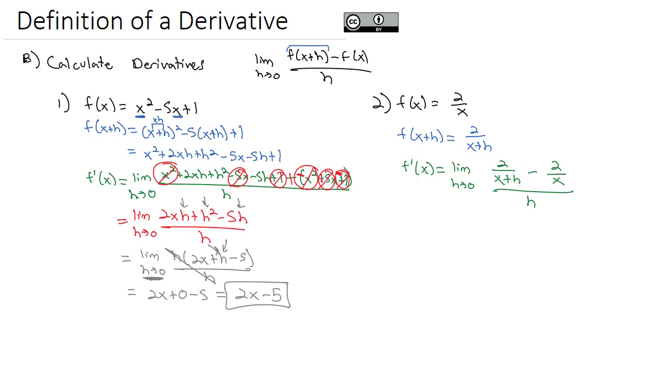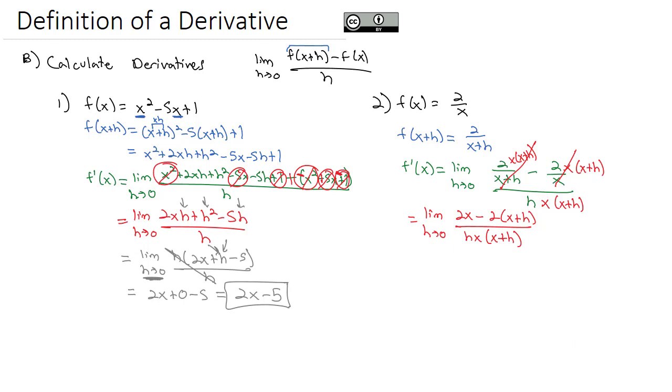Now this one we can't just factor an h out like we did last time, but we can get rid of the compound fraction by multiplying each term on top and bottom by the denominators of x and x plus h. When I do that, the x's reduce out of the first term, the x plus h's reduce out of the last term, so we get the limit as h goes to 0 of 2x minus 2 times (x plus h) all over h times x times (x plus h).